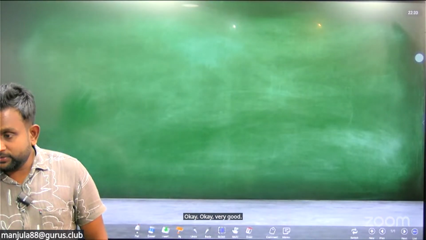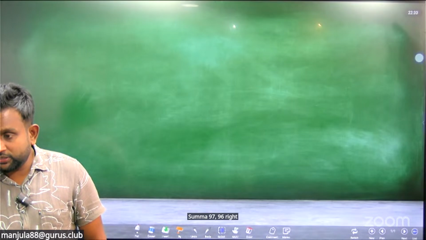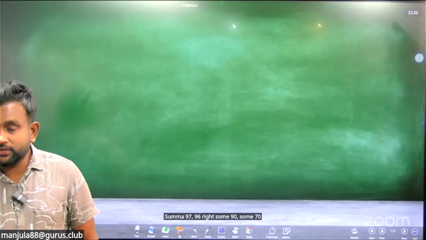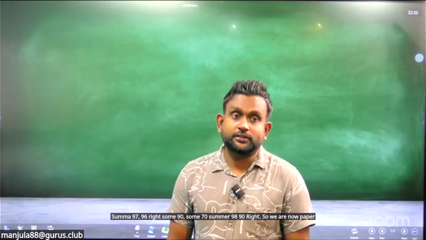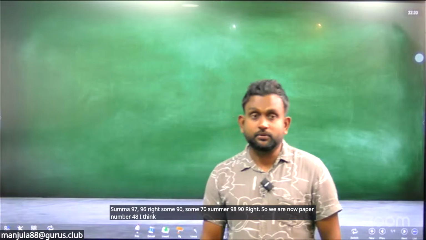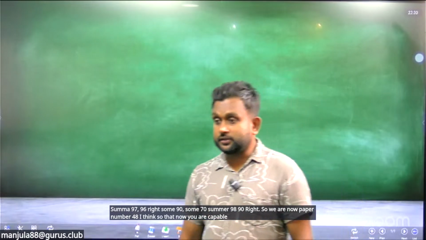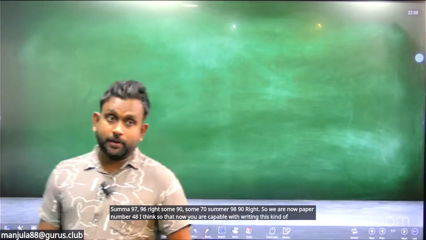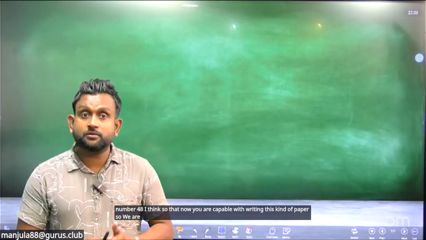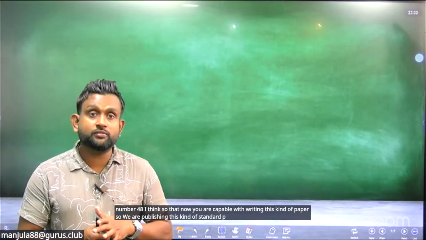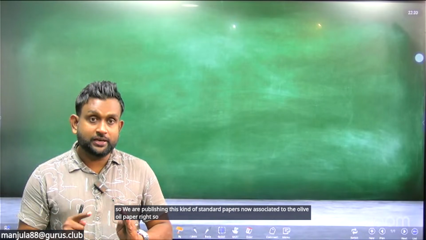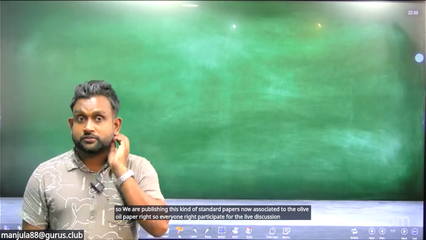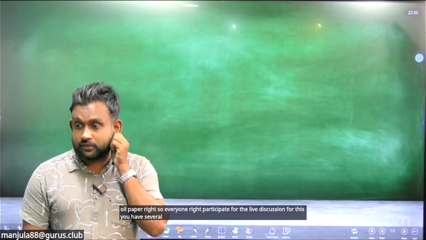Some are 97, 96, some are 90, some are 70, some are 98. We are now at paper number 48, so you are now capable of writing this kind of paper. We are publishing this kind of standard papers now, suited to the O-level paper. So everyone, participate in the live discussion for this.